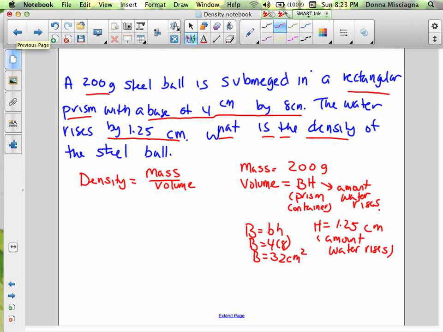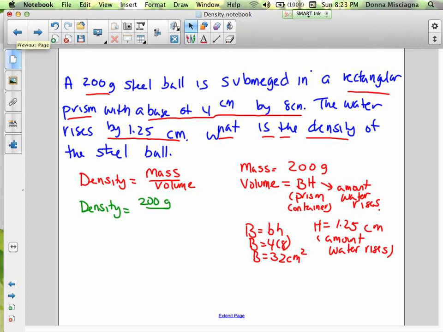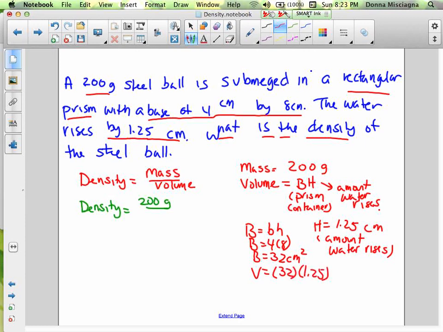All right, so the density is the mass, which is 200 grams, divided by, oops, we never finished finding the volume, sorry. We wrote down the things we needed, but never multiplied out the 32 times 1.25.